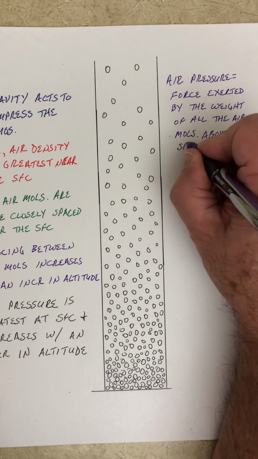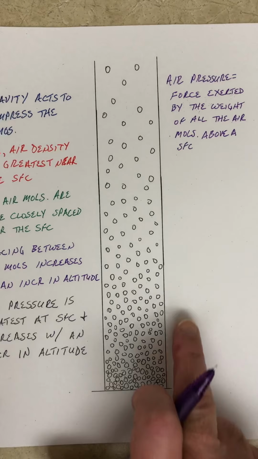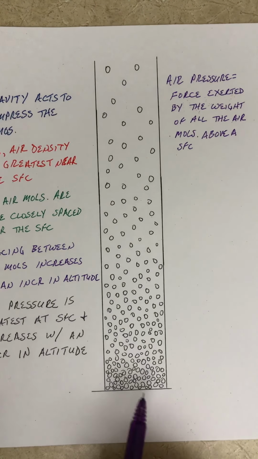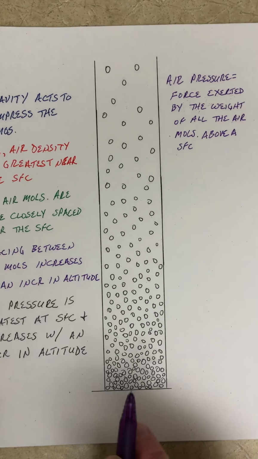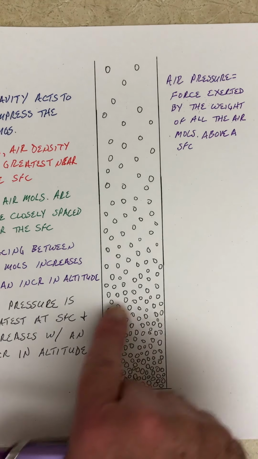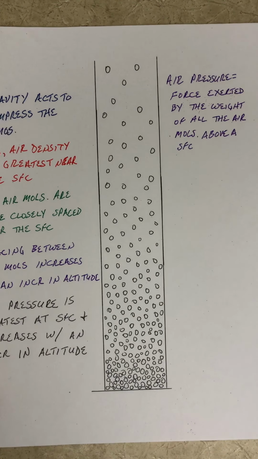And that surface could be down here at the surface. Maybe the surface is here, maybe the surface is here. Okay, so the air pressure is the force exerted by the weight of all of the air molecules above a certain surface or a certain point in our column of air here.